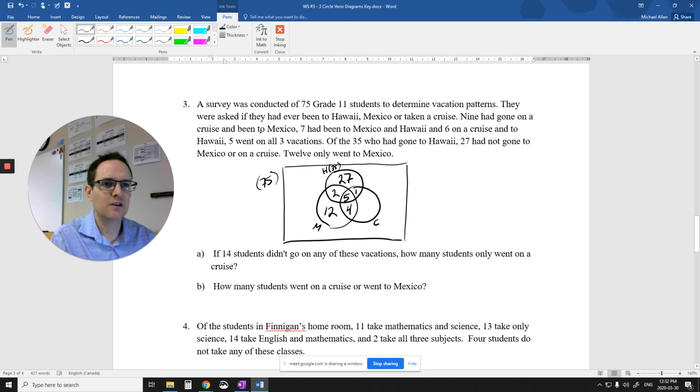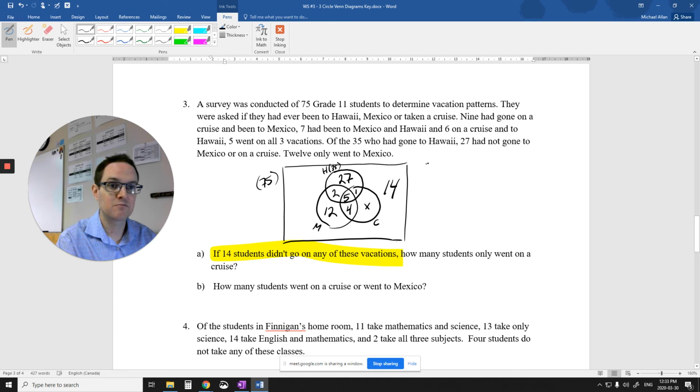I don't know exactly how many kids only went on the cruise at this point. But if I go down to question A, it says here, if 14 students didn't go on any of these vacations, how many went on the cruise? Okay, so what I know, based on just that, I know there's 14 kids out here. But I also know that if I add all these together, including that little X, I have to get 75.